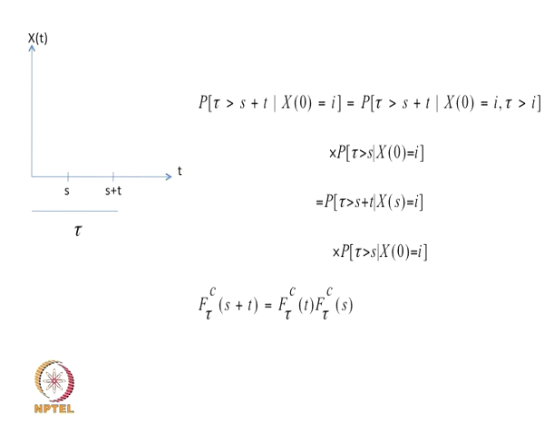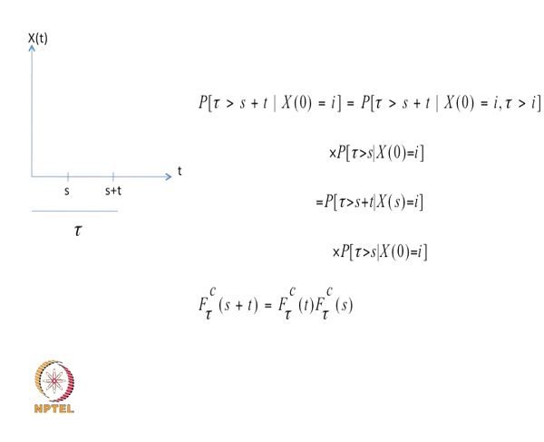So, what I am going to do is find the complement CDF for the random variable tau, that is, the probability that tau is greater than s plus t, given that X(0) = i. That is the same as the probability of tau greater than s plus t, given tau greater than s, multiplied by, using the total probability theorem, the probability of tau greater than s given that X(0) = i.